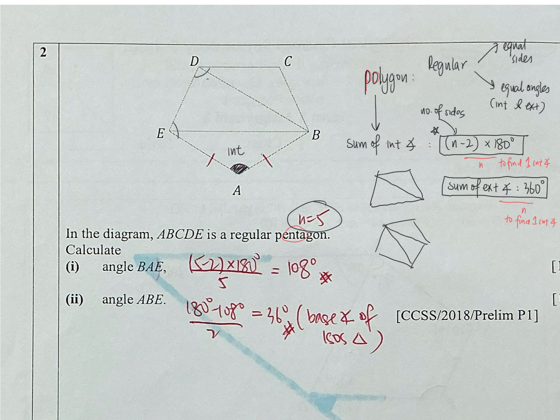Altogether, you have 5 interior angles. Because it's regular, they are all the same. You just have to find one of them. So n minus 2 times 180 divided by 5. So each is 108. In fact, all are 108.